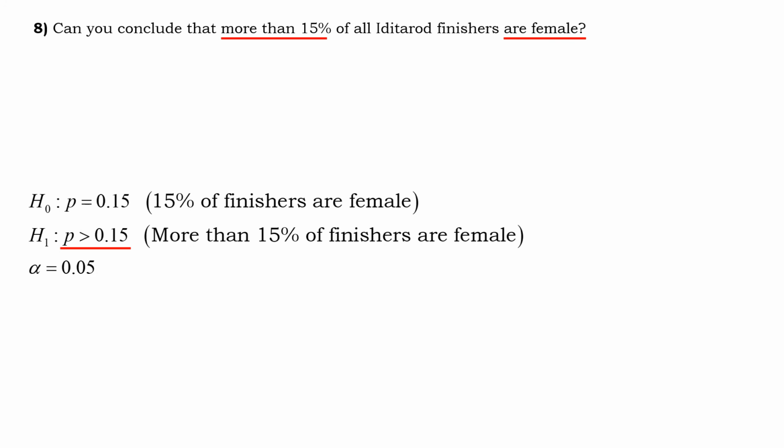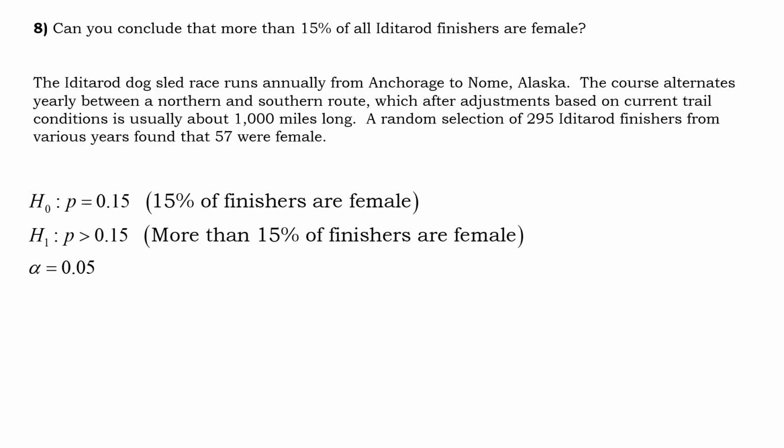And so when I write my alternative hypothesis, we're going to try and prove that more than 15% of all Iditarod finishers are female. So we write this in terms of proportion P, because our formulas are in terms of P. So we want to prove that P is greater than 0.15. Let's take a look at what we were given about the finishers.